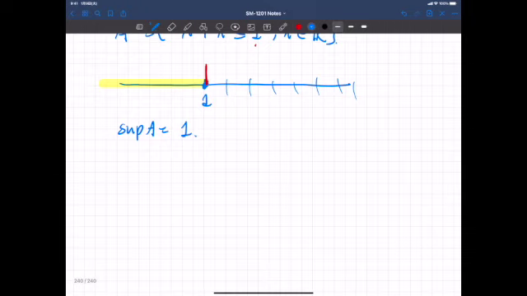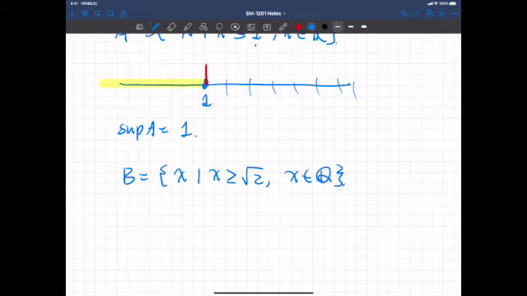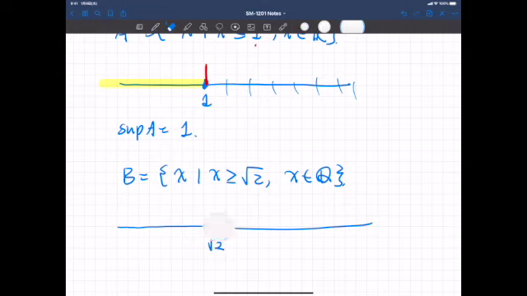Okay? And next example, B, is a set of rational numbers x which is greater than or equal to square root of 2, where x is a rational number. Okay? Then let's see. So if this is square root of 2, set B is somewhere here. But it includes only rational numbers, okay? So this square root of 2 itself is not included.